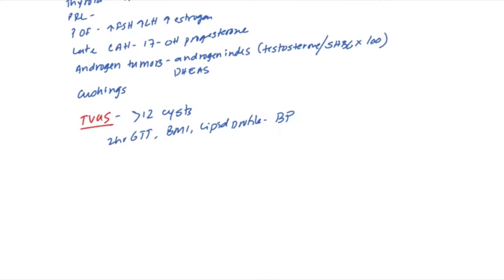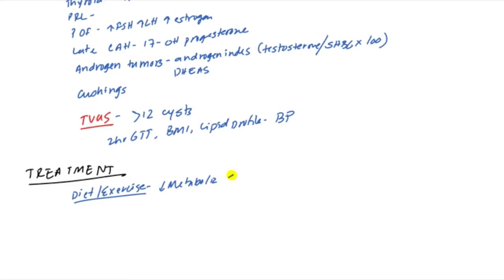So what would be the treatments for polycystic ovary disease? Well, initially, just generally, you want to have them do some diet and exercise. Why is this? Well, first of all, it addresses the metabolic syndrome, so you want to decrease the effect of the metabolic syndrome.